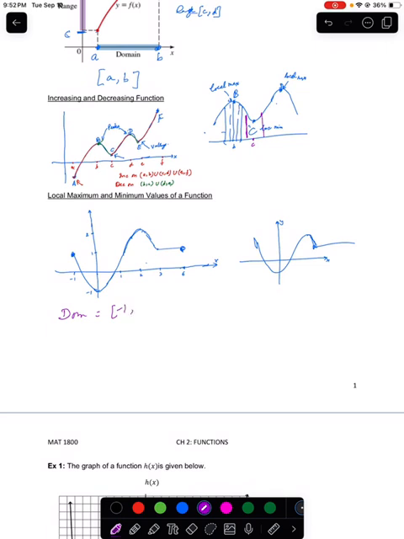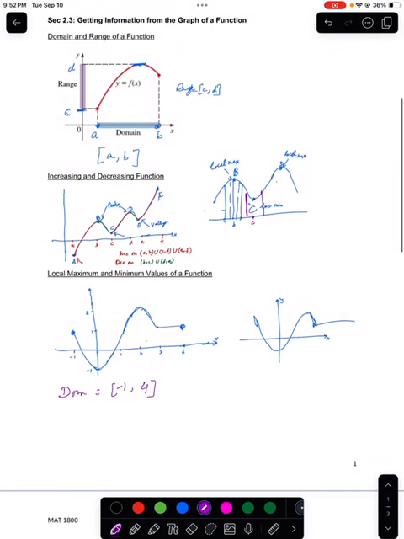What is the range? Range is, so this is the minimum value and this is the maximum value. So it is -1 to 2.